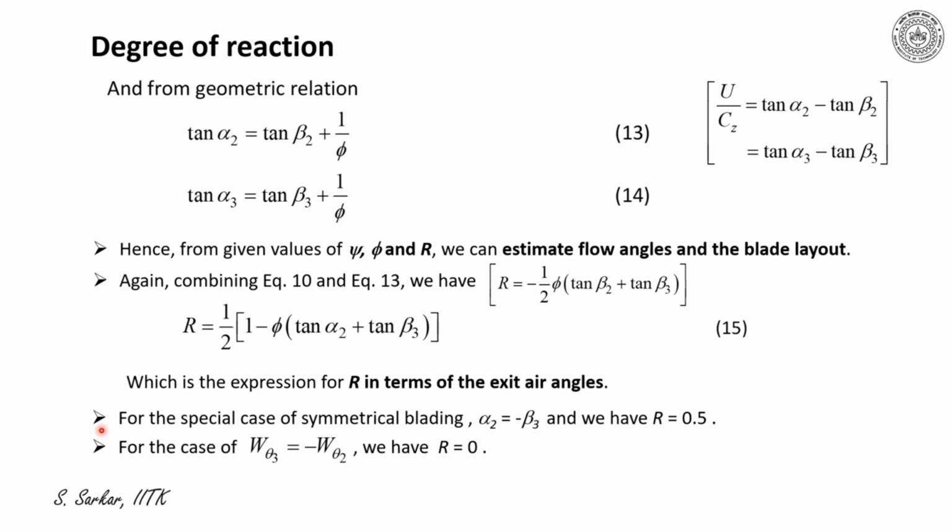Similarly, when w theta 3 is equal to minus w theta 2, r becomes 0.